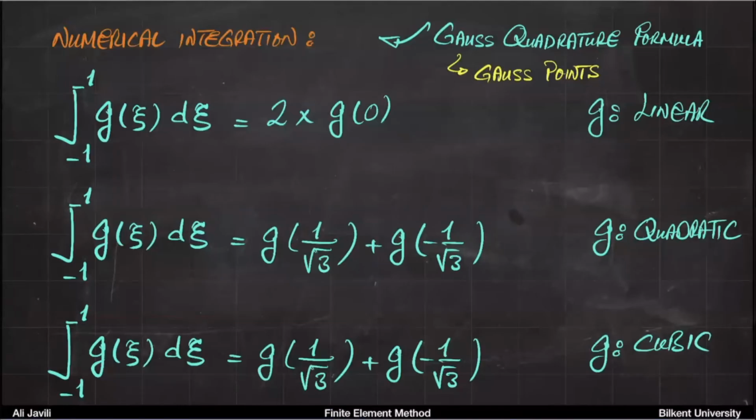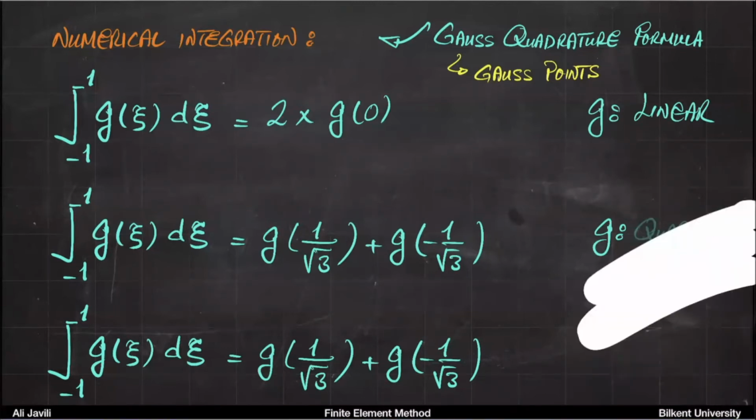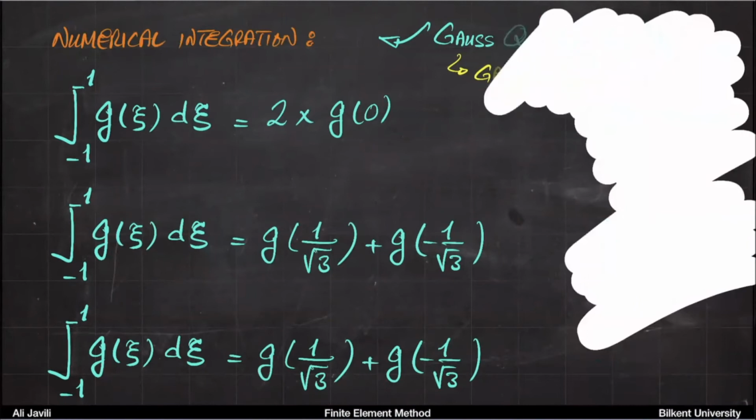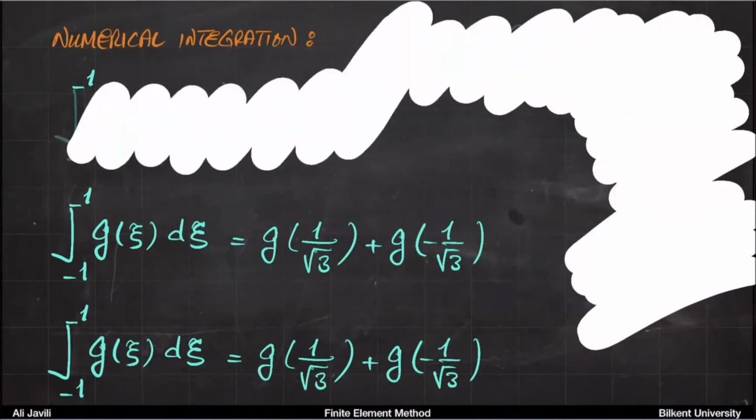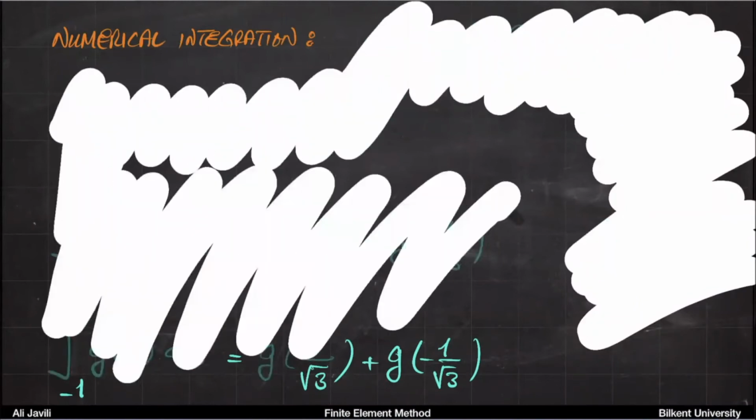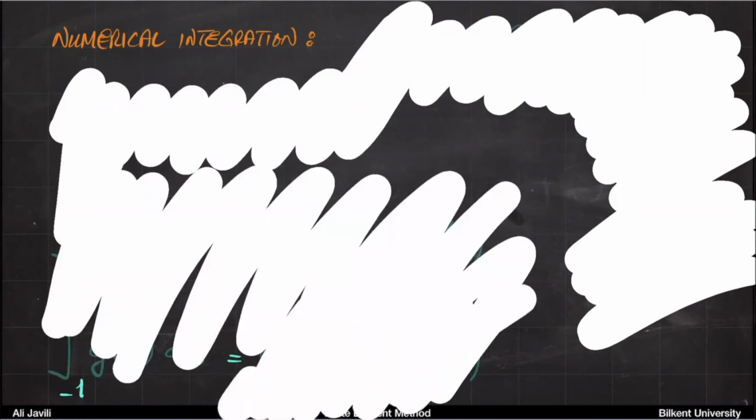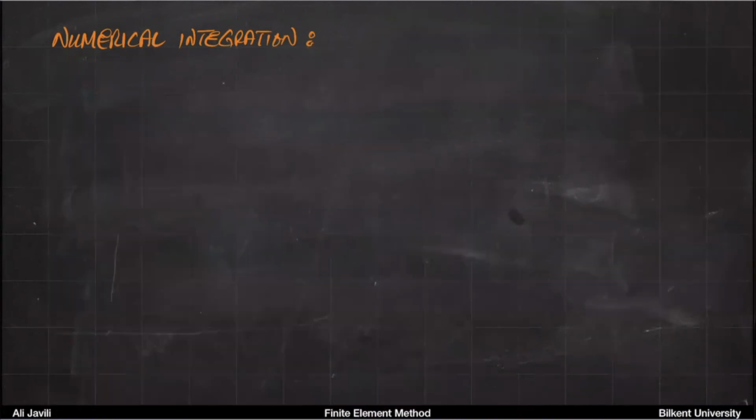All right, so we are back. So as we discussed before the break, the idea is to have a numerical integration for polynomials of different orders. And as I mentioned, the method that we are talking about is a quadrature rule, or Gaussian quadrature rule, and the points are Gauss points or quadrature points.